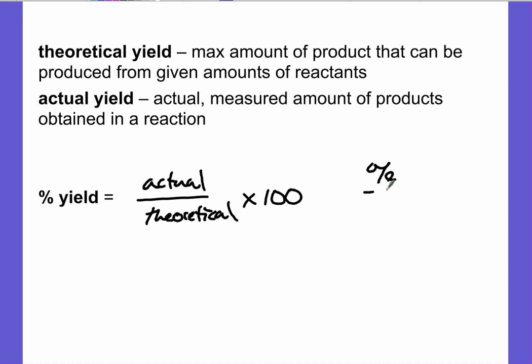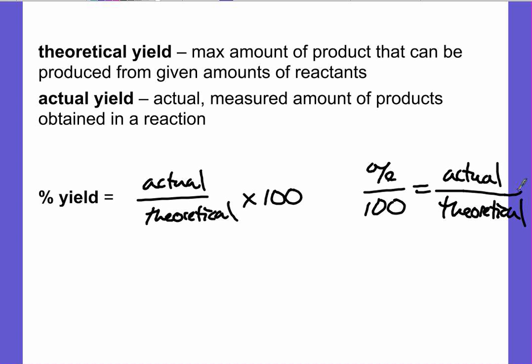You can do the percent over 100 is equal to actual over theoretical. This version might be more useful for those of you that like to do a fish method to solve these problems. So I really don't care which way you do it. You can do algebra either way and get an answer, but one or the other, make sure you have that equation, but also know how to use it.